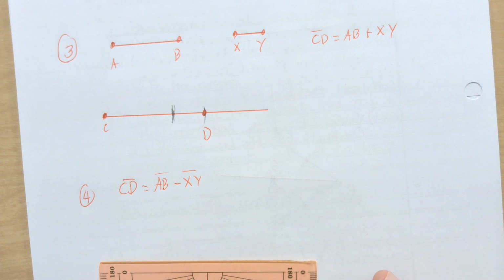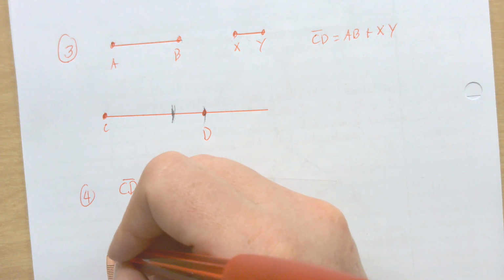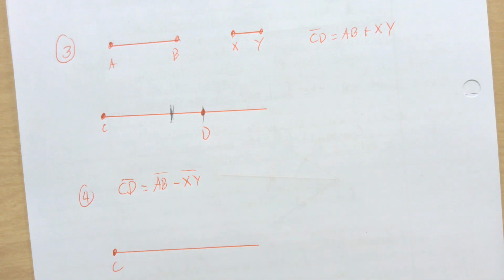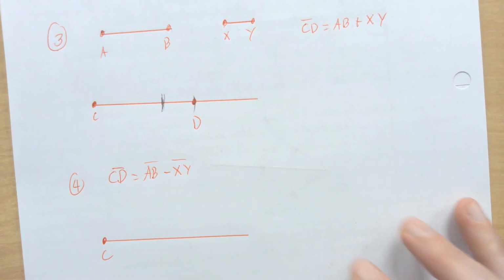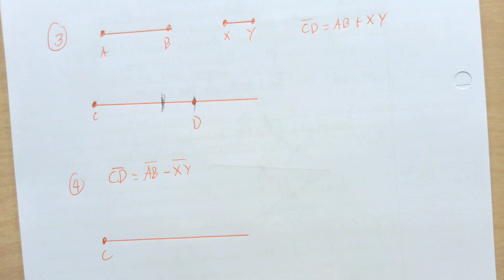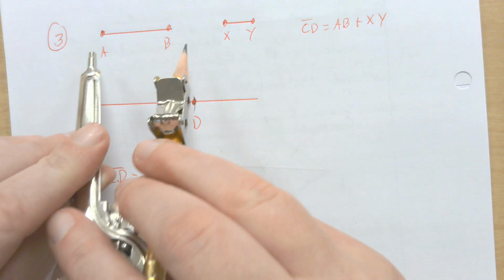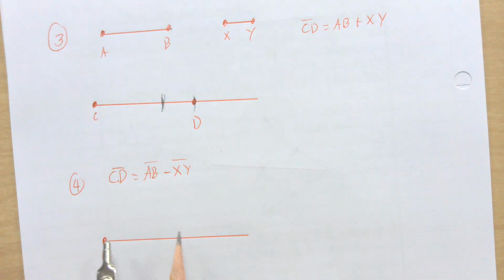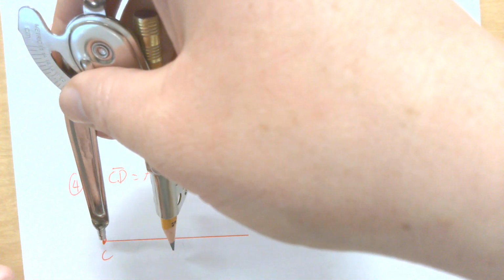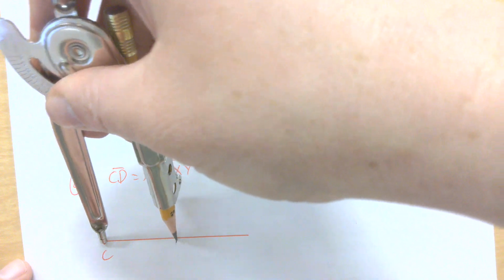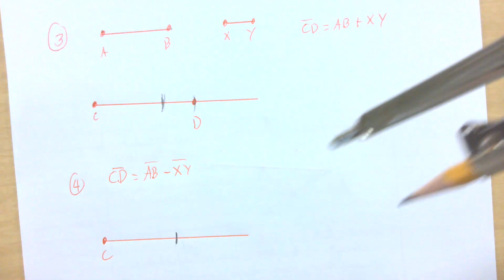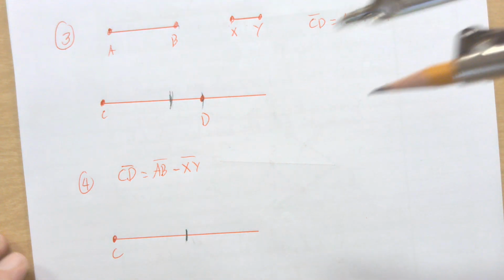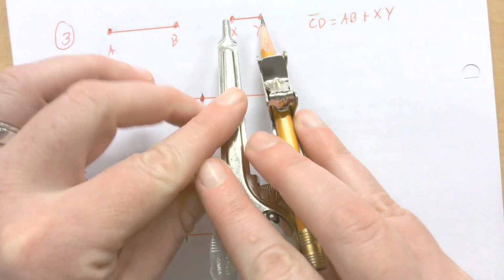So again, you start out by drawing an array, label the endpoint C. We take our compass measurement and we're going to copy the length of AB down to our array. Then we take our compass and we're going to measure the length of XY.